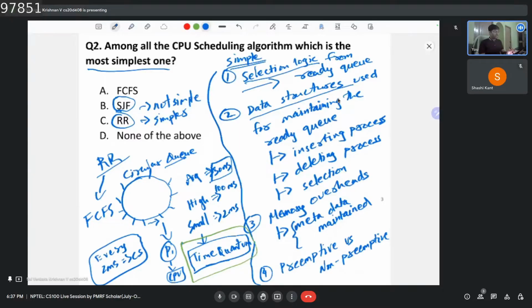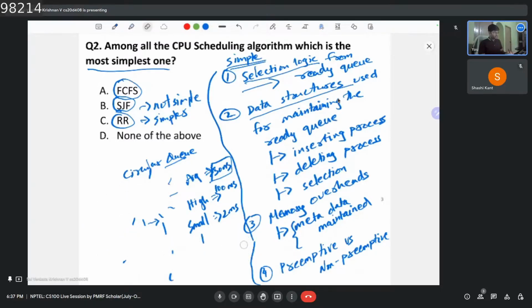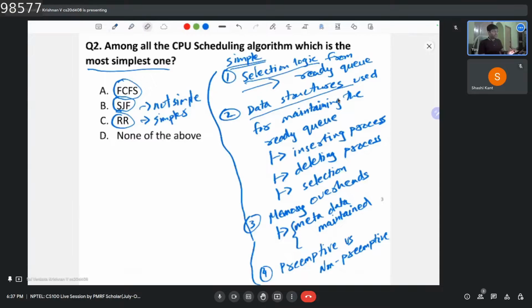The last one that is left is FCFS. Compared to round robin scheduling, it's very easy, because all you have to maintain is a queue. There is no metadata required, just a normal first in first out queue. That's what is required for FCFS.